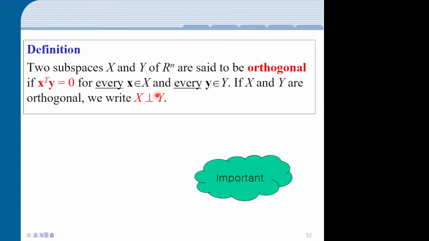The intuition, think about R2: a subspace given by this line and a subspace given by this line might be different. Those two subspaces have no overlap, because the only overlap of this line and this line is 0. But if you want orthogonal, then it's not enough to have no overlap; you want inner product 0. So orthogonal means these two subspaces are orthogonal like this.